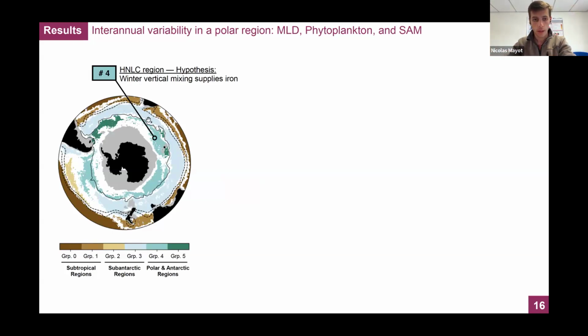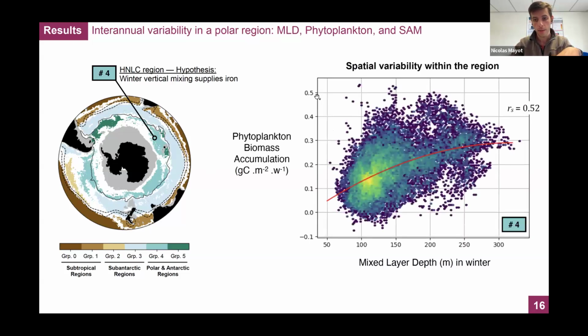And so here I took the information in what I call the core region of this HNLC region, and I compare on this graph, for each pixel, the relation between the winter mixed layer depth, so the mixed layer depth that occurs in June, July, and August, versus the phytoplankton accumulation in spring.